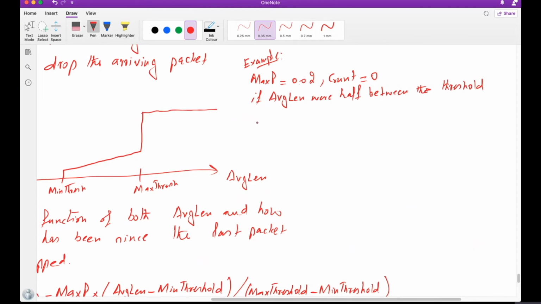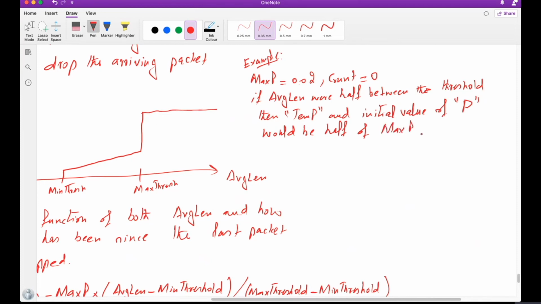Then Temp P, the initial value of P, would be half of max P. What is max P? 0.02, so half of max P is 0.01.